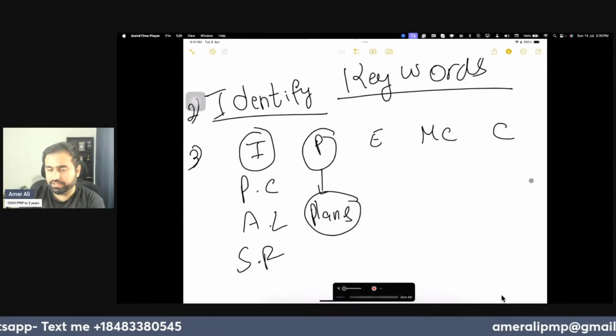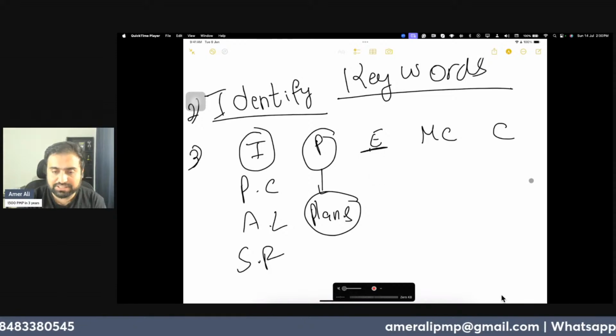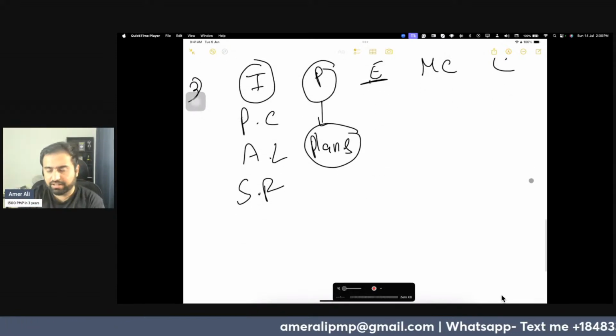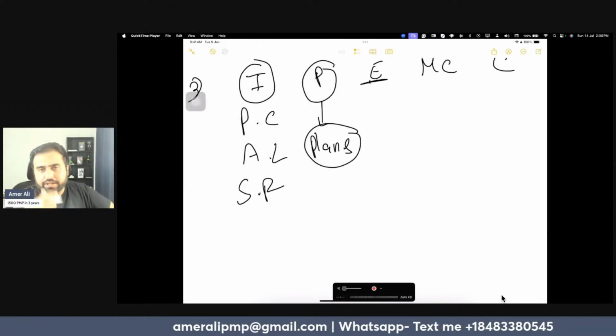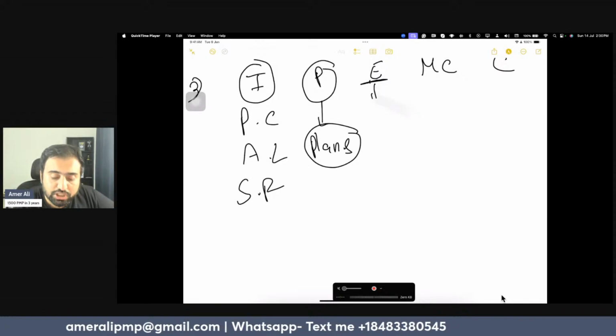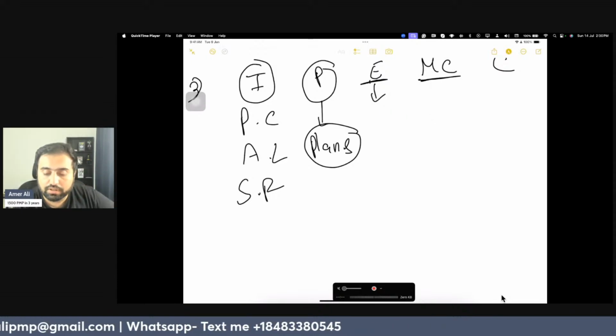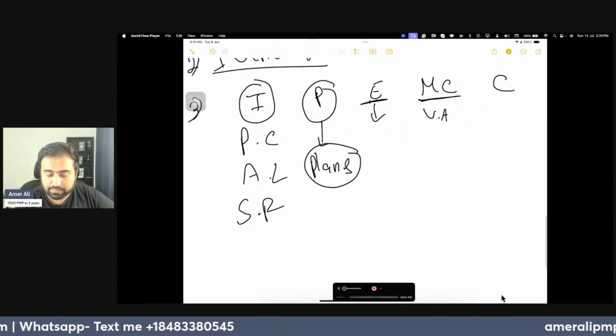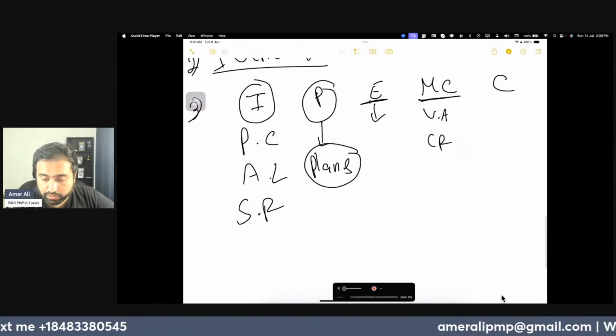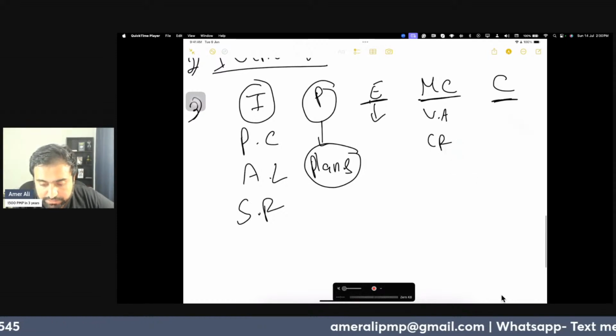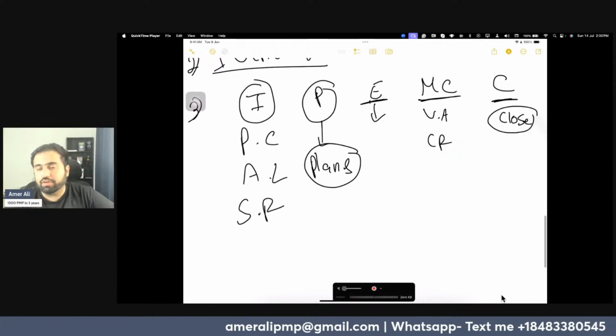plans are made here. We decide agile or predictive in planning. Execution, we do the work. Variance analysis and change request, we close the project. This is what is happening in all the 5 process groups.